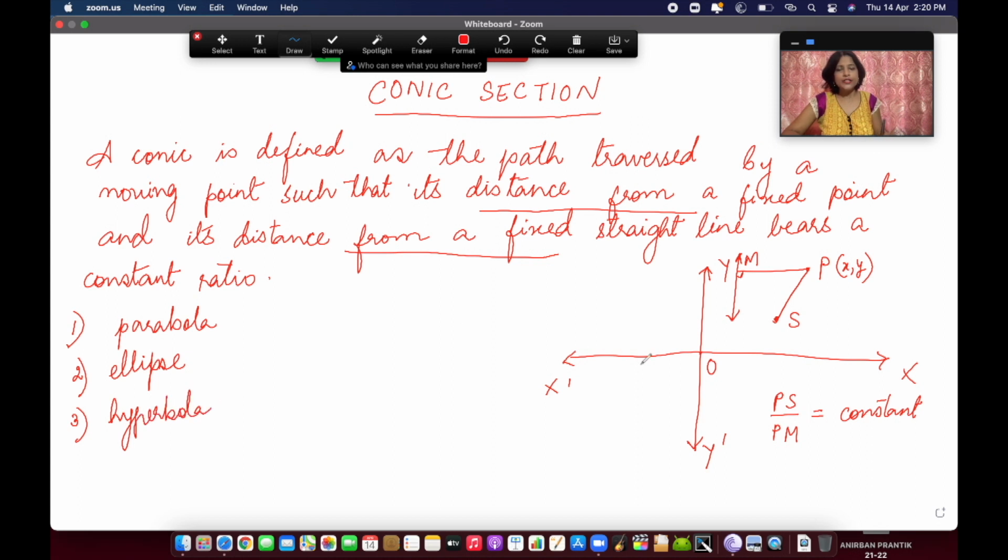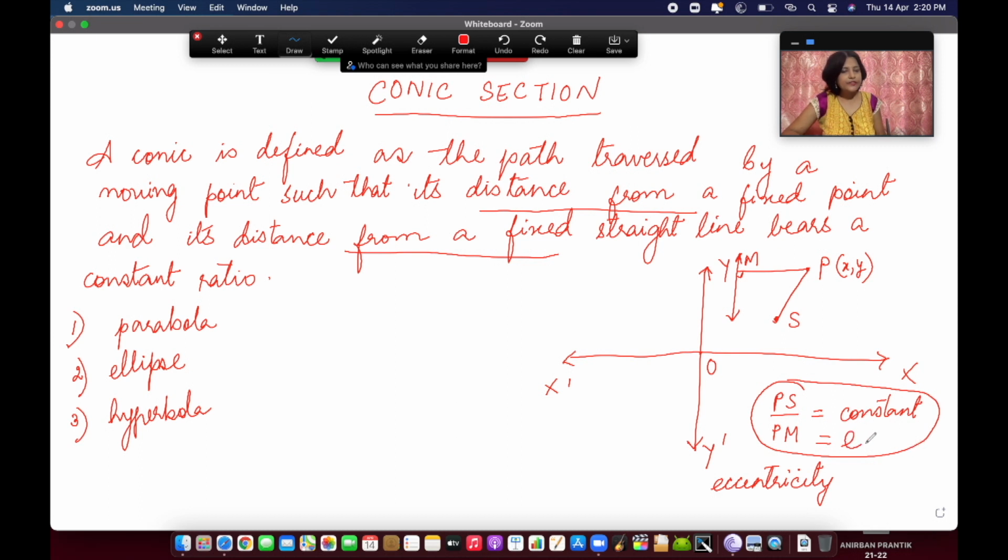So in each of these cases, this condition should be maintained. That is, the ratio between PS and PM must be constant. Now this ratio between PS and PM is termed as eccentricity, and it is denoted by the alphabet small e.